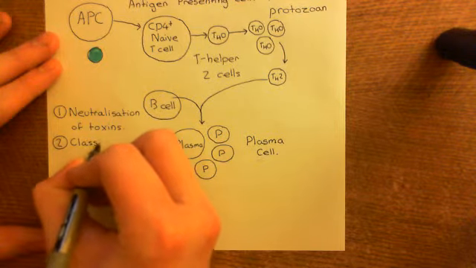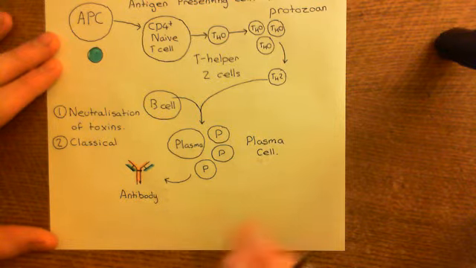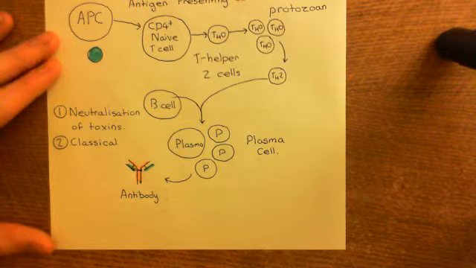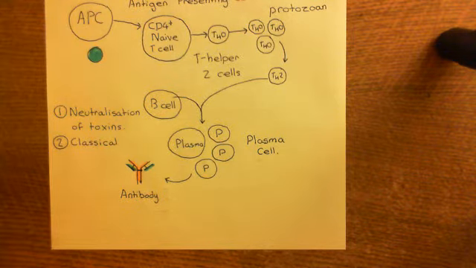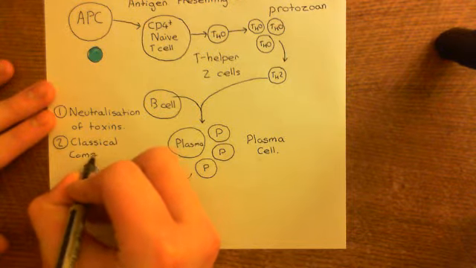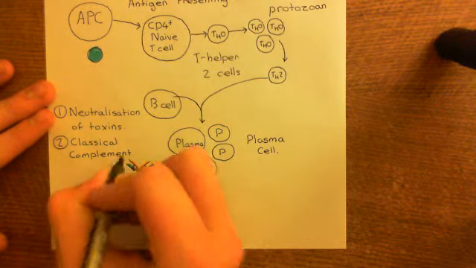So there is a complement pathway which makes use of antibodies on the surface of pathogens, and basically that's the triggering structure which causes this classical complement cascade. Okay, and the classical complement cascade will then lead to the destruction of the pathogen.